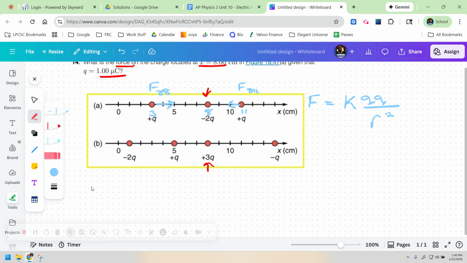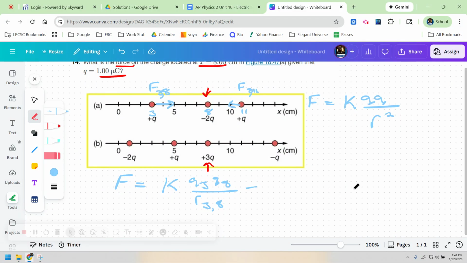So if I apply that here, I'm going to say that my overall force is equal to capital K, Q3, Q8, and we'll plug those numbers in a second. And then the distance between 3 and 8. So I'll say 3 to 8.